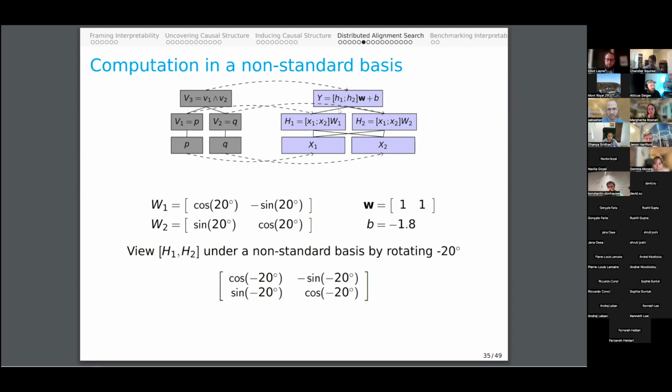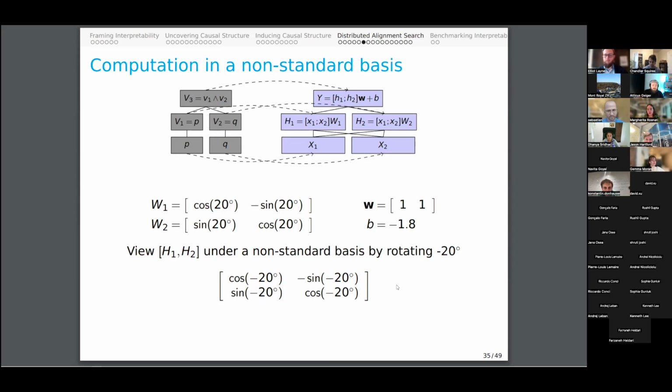So if we can look at these hidden representations, this vector of two values, under a non-standard basis that just rotates by minus 20 degrees, viewing the information here, it'll be exactly what it was in the original case with the identity matrix. And so this is a very tiny motivating example for why you might want to think about neural representations in a non-standard basis.